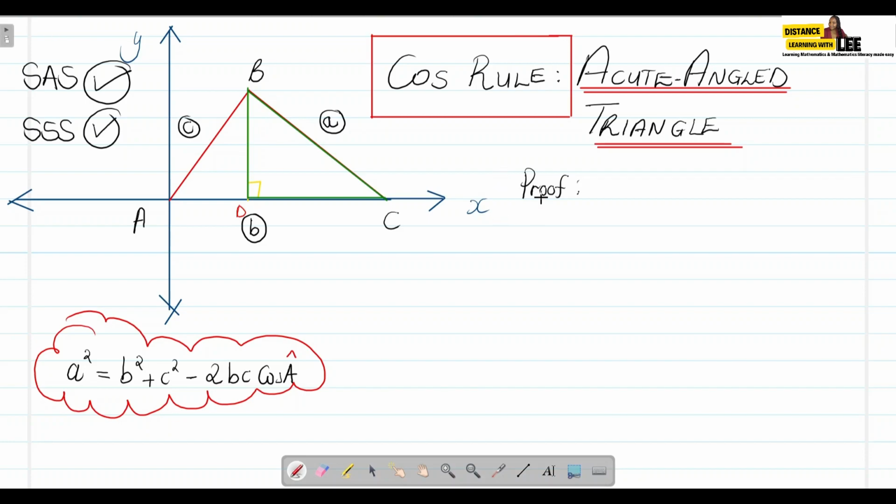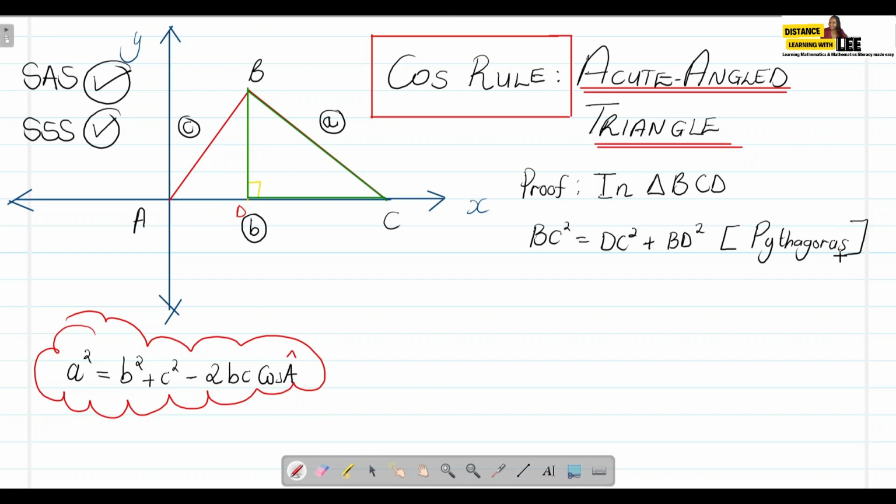So we're going to write that down. In triangle BCD, your BC squared is equal to your x squared, which is your DC squared, plus your y squared, which is your BD squared. This is the theorem of Pythagoras. We're not just making up things.